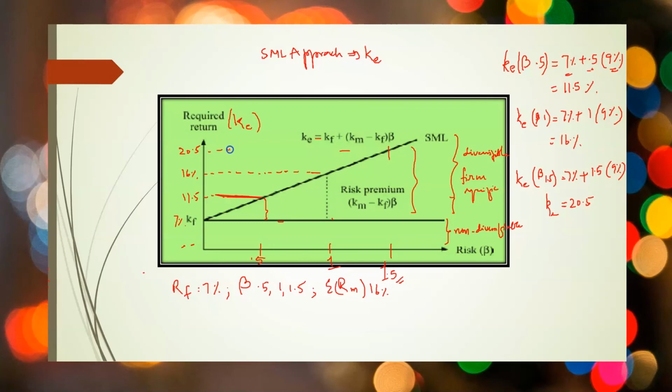The risk premium is the same, whereas because of the beta factor, the risk premium has increased to 13.5%, because of which the cost of equity is at 20.5%.